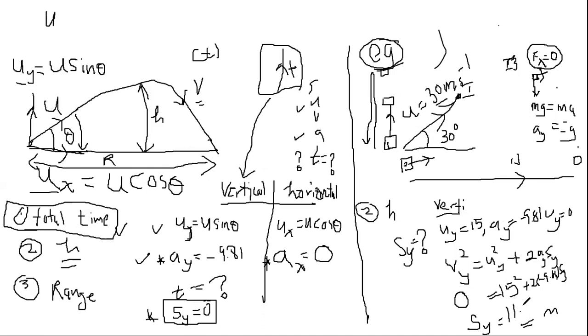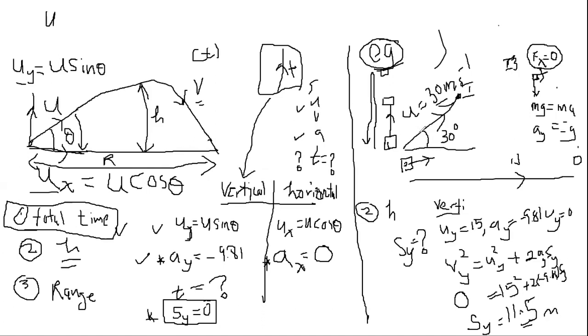Is it 11.5? You go for 3 significant figures? All of you got 11.5. So 15 squared plus 2 times negative 9.81 SY, find the SY. Okay, so 11.5 meters.